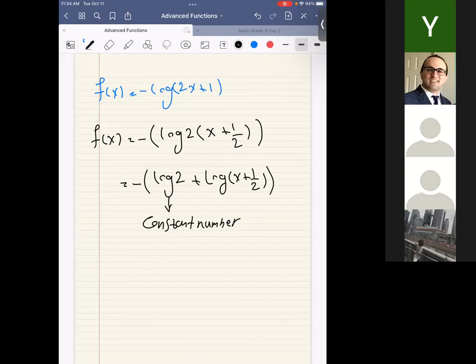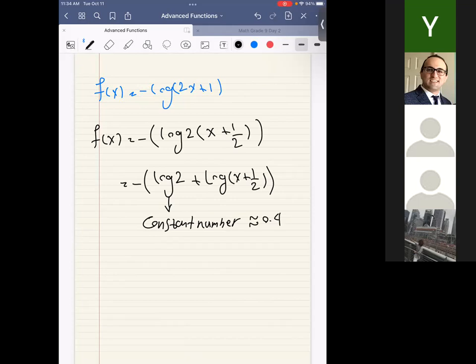I don't know exactly, but it's a constant number around 0.4, for example, or something. But at any rate, it's a constant number.